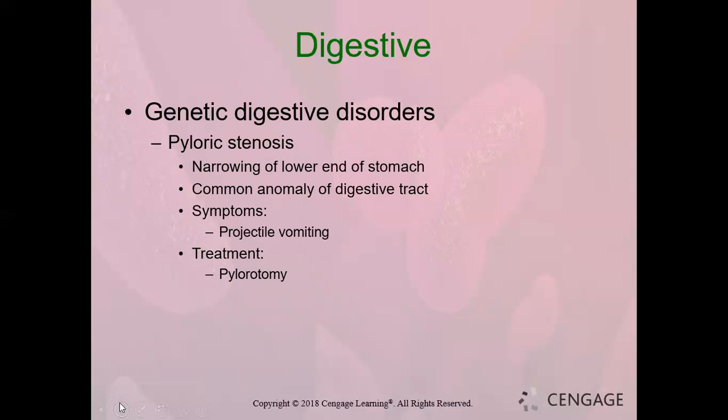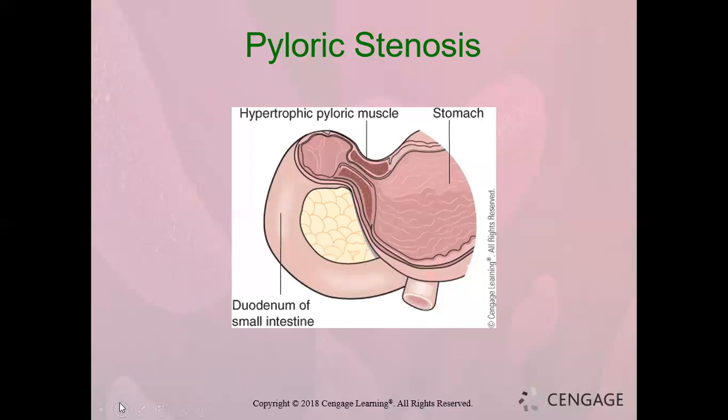All right, pyloric stenosis is a narrowing of the lower end of the stomach. This is a common anomaly of the digestive tract, and they're going to have projectile vomiting. I actually had this as a child. And this is just showing you that hypertrophic pyloric muscle. It's just not developed yet.